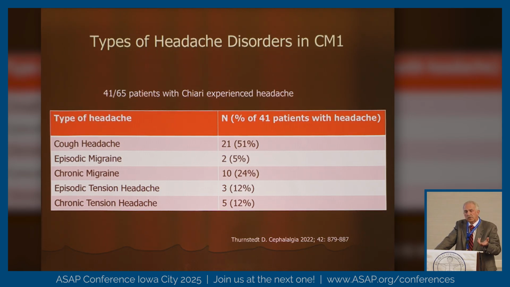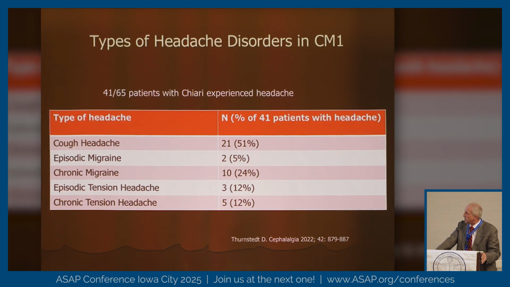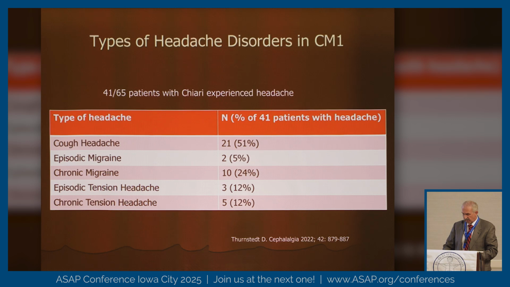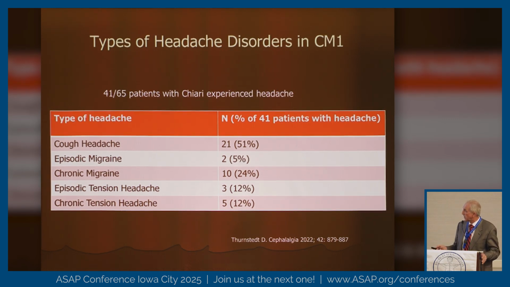That's where you have 15 or more days with headache of any kind, of which 8 or more meet migraine criteria. But even episodic tension type headache was 12%, and chronic tension type headaches were 12% as well. So you can see that in this Chiari clinic, headache disorders are quite common, and particularly chronic migraine and tension type headaches as well.